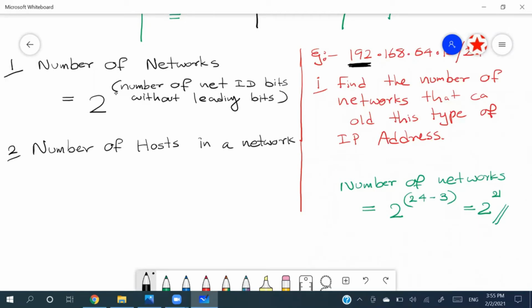That is, the maximum number of hosts that can be connected to the network of the given IP. Right? So this can be found by taking the host bits as a power of 2.